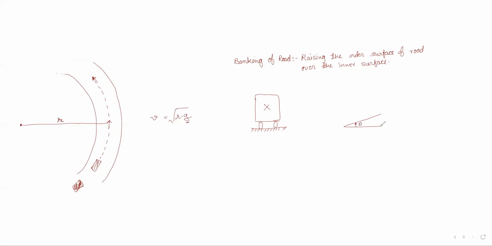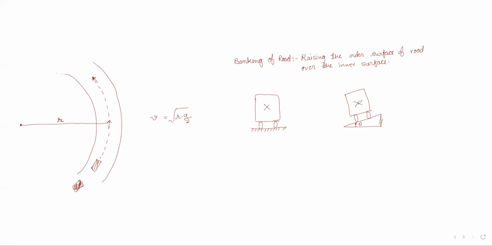This type of raising of the outer surface of the road over the inner surface is called banking of road. And now the vehicle can take a turn with a greater velocity than this one because of this banking. Let's see how it happens.